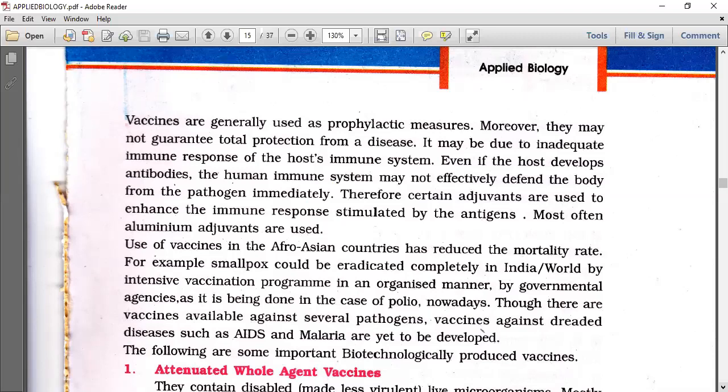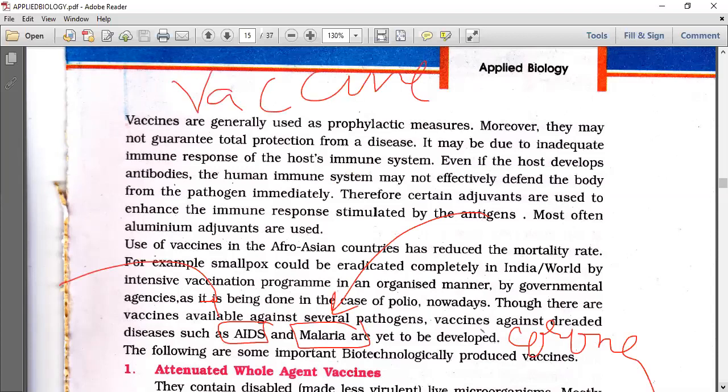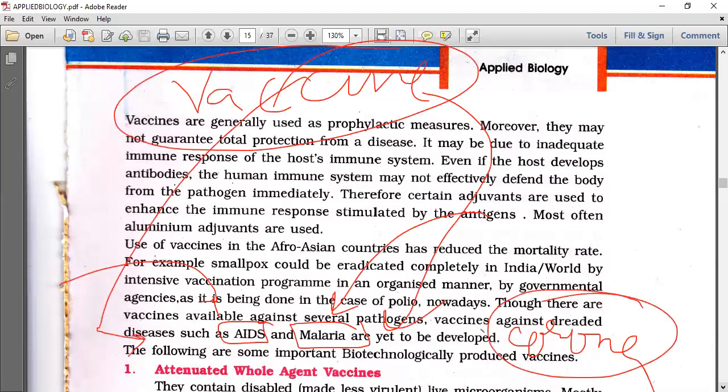There are diseases such as AIDS and malaria for which vaccines are yet to be developed. I should add one more, isn't it? Coronavirus. Why have we not developed vaccines for AIDS and malaria? We have the answer here. Why are we not able to develop a vaccine against malaria and AIDS till now? I want an answer from you. The same answer will be applicable for corona also nowadays.